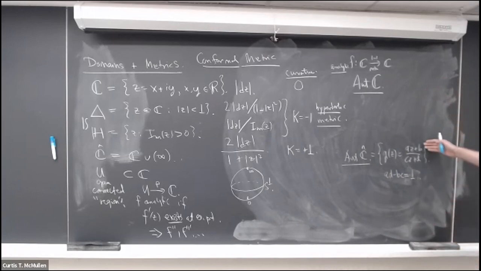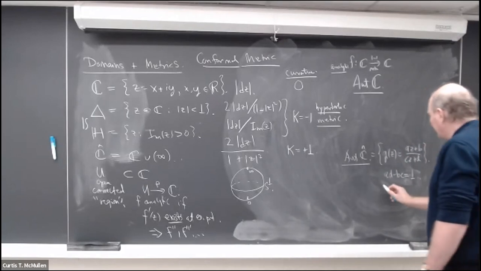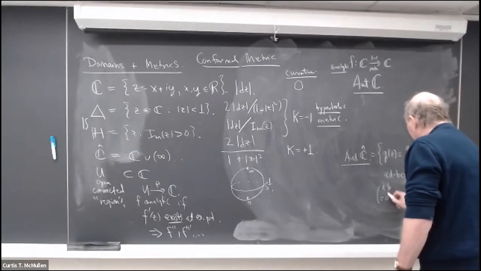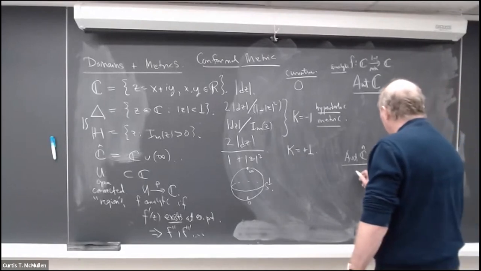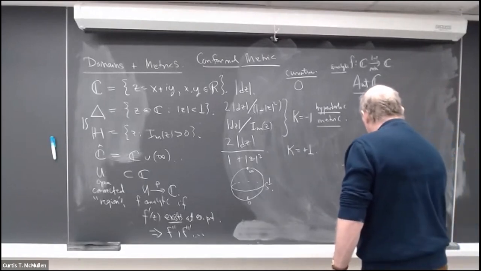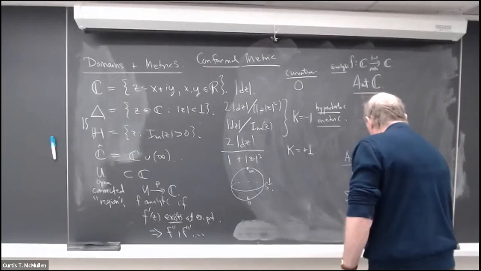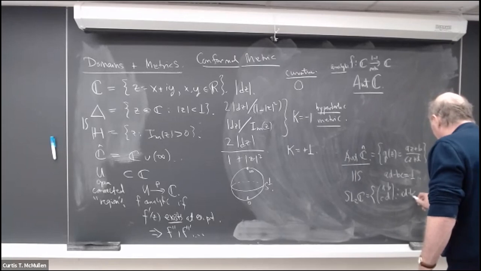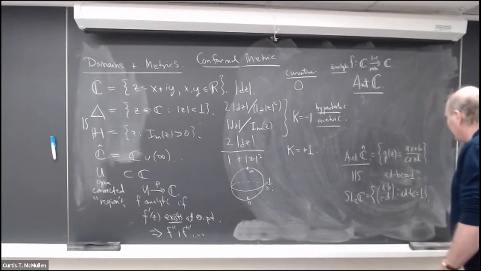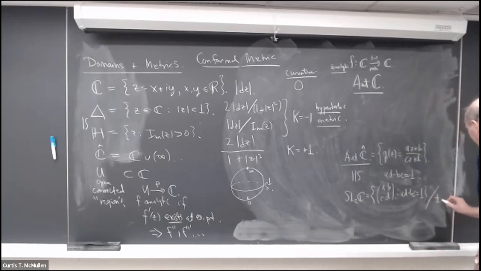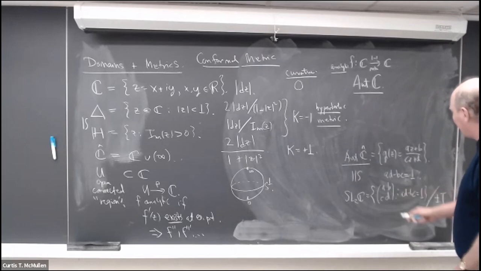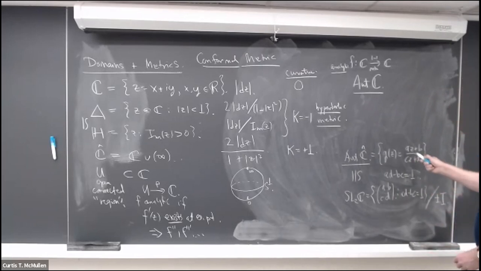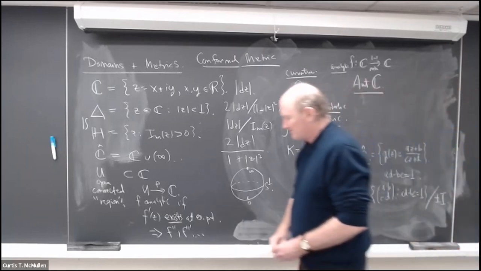And then it turns out that composition of Mobius transformations is the same as multiplication of the matrices (a, b; c, d). So this automorphism group is isomorphic to SL2C, which is the set of matrices (a, b; c, d) of determinant 1, except for the fact that the identity matrix gives the identity, but so does minus the identity matrix, because minus z over minus 1 is the same as z.